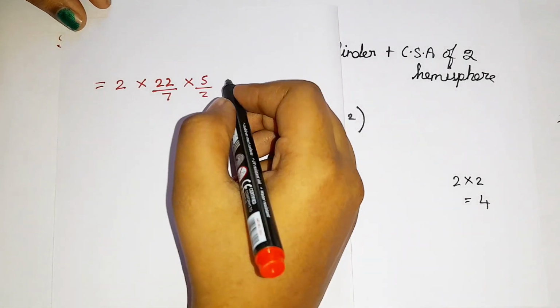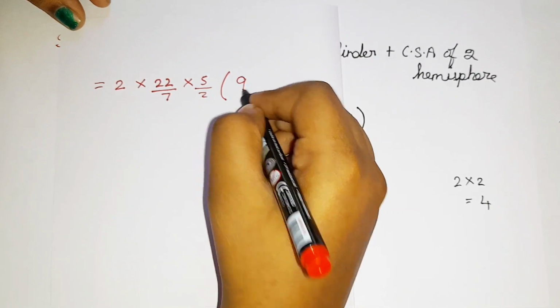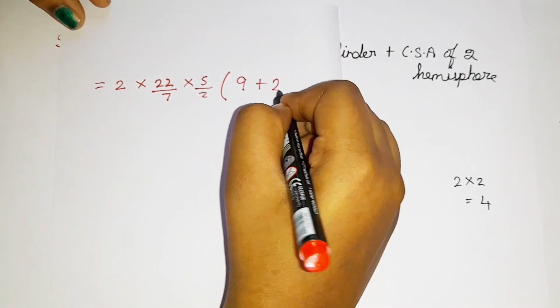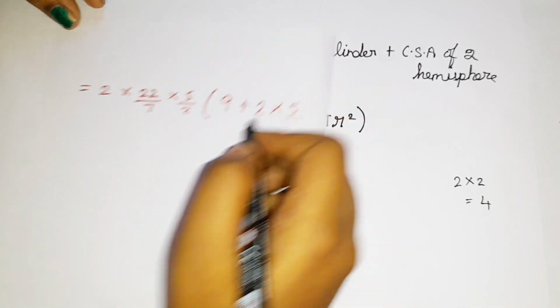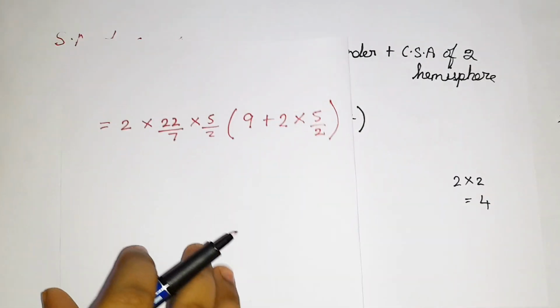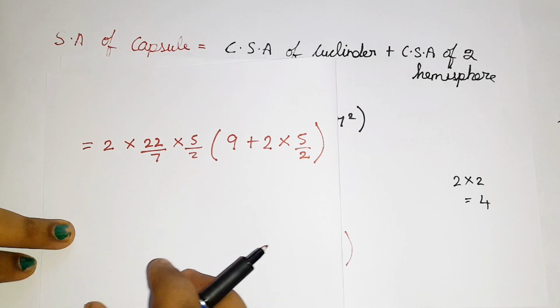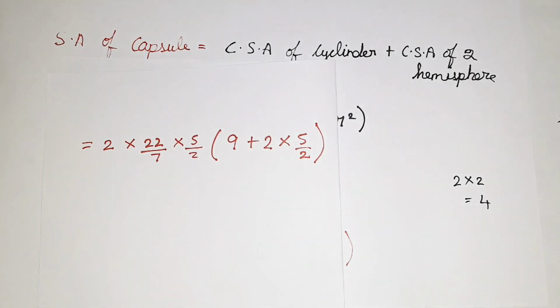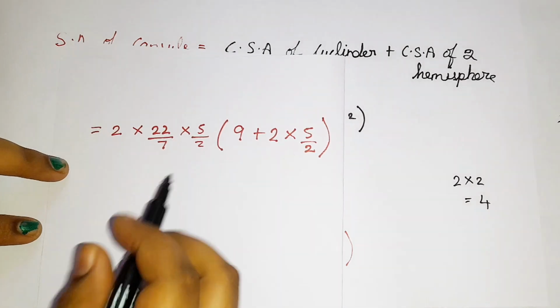Yeah, so we are supposed to check it. Sometimes what I'm writing right now might be wrong also. Okay, so 2 into 5 by 2. Now we have these values. So now let us find the surface area of the capsule. For finding that, we are supposed to solve this.